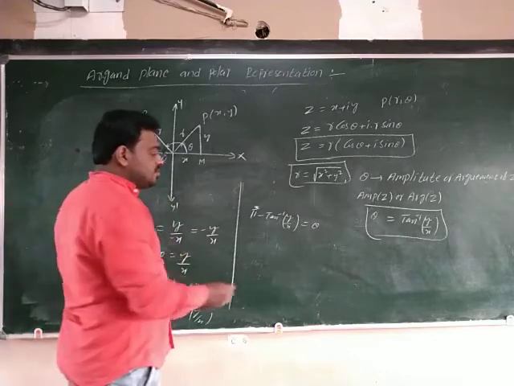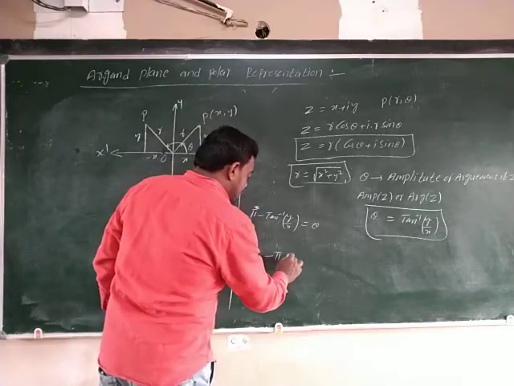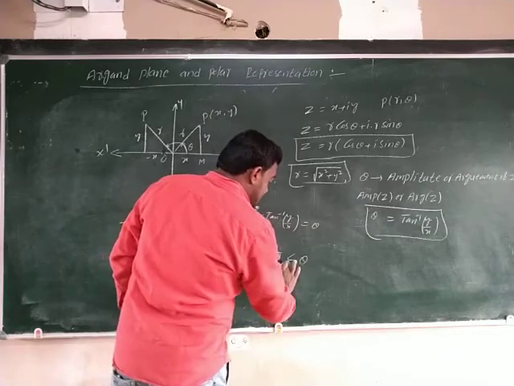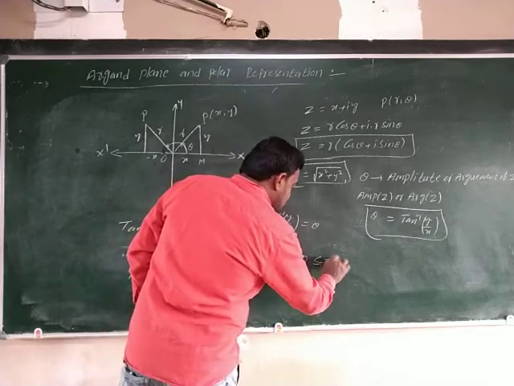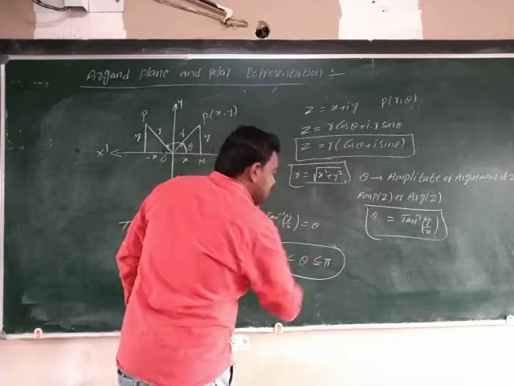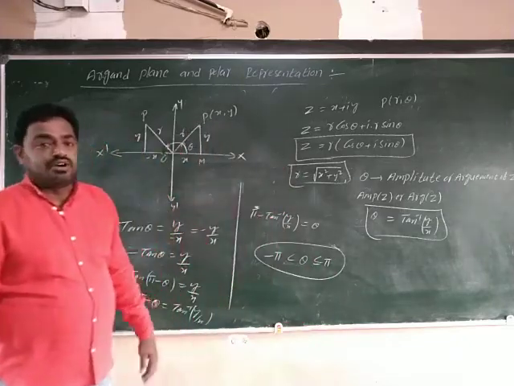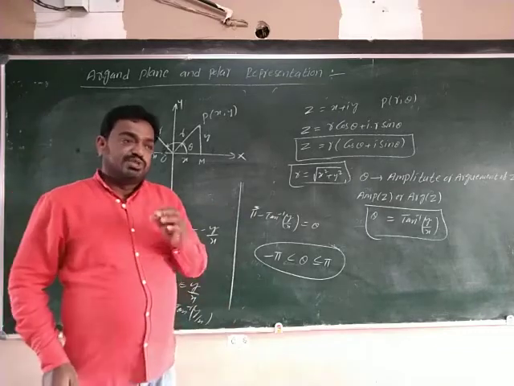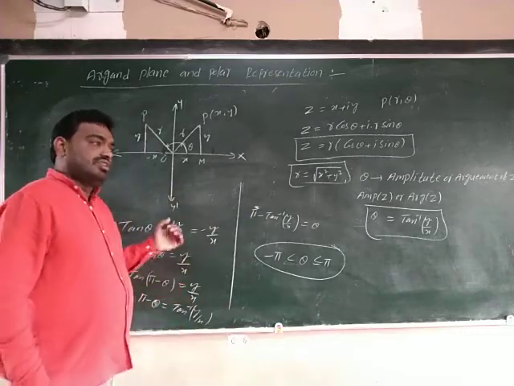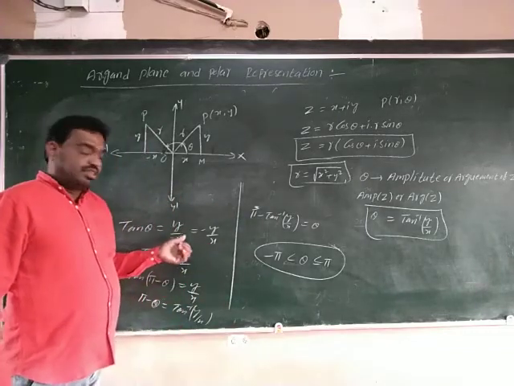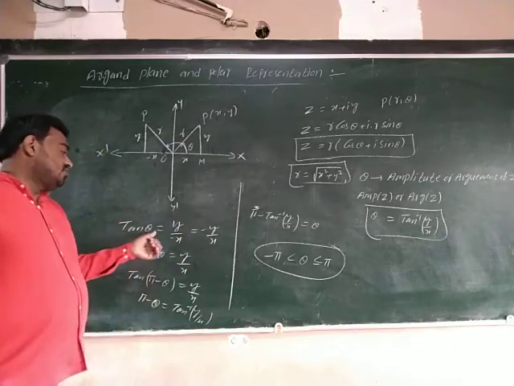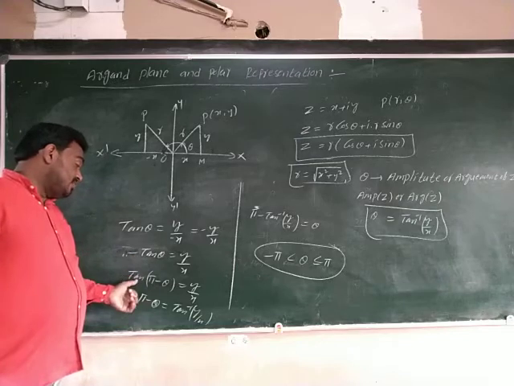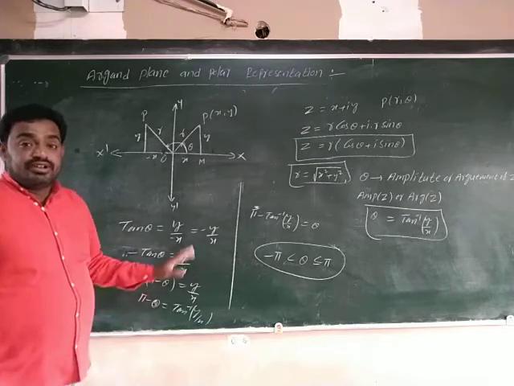The values which lie between minus pi less than theta less than or equal to pi are called principal values of amplitude. These are principal values of the inverse trigonometric functions. So tan theta equal to minus tan theta. Why have we written tan of pi minus theta?